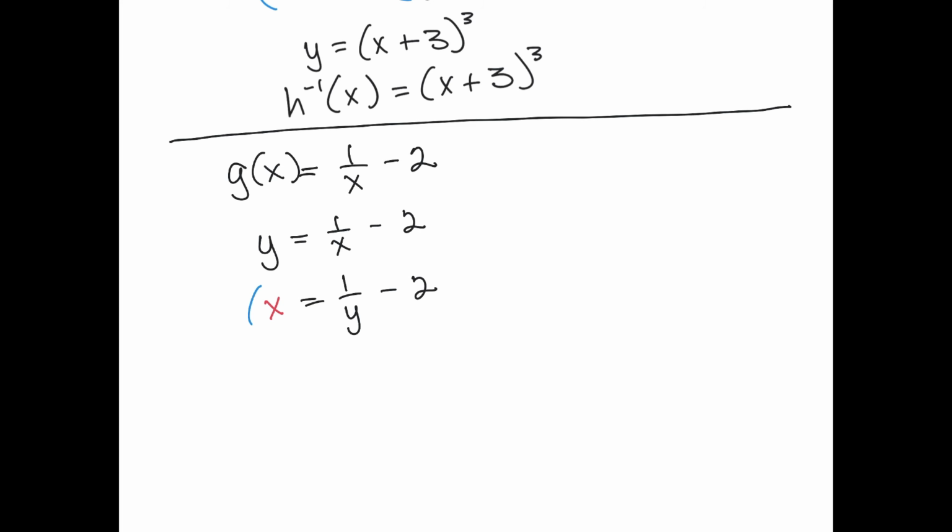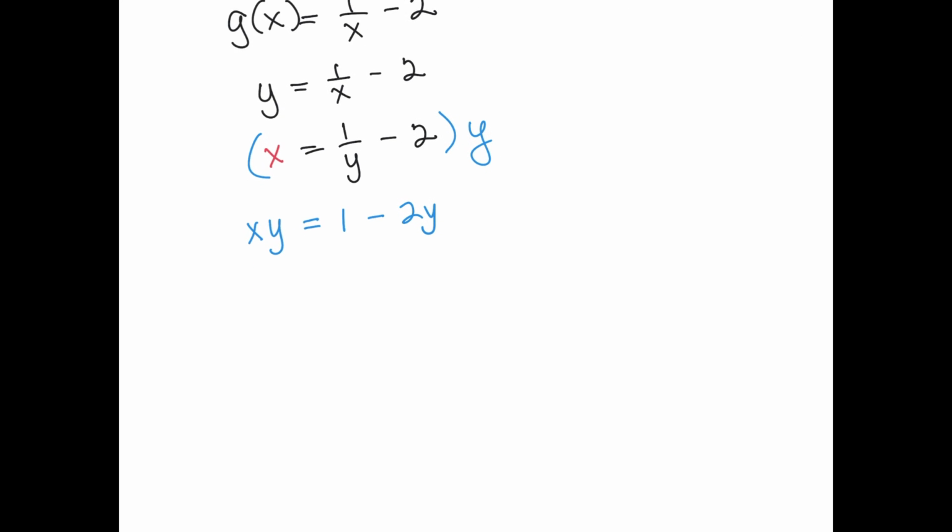Y is in the bottom of the fraction and it's got to get to the top, right? So we're going to multiply the entire equation by y to get it up into the top of the equation. You could do a few of these things in a different order and still have the correct answer.